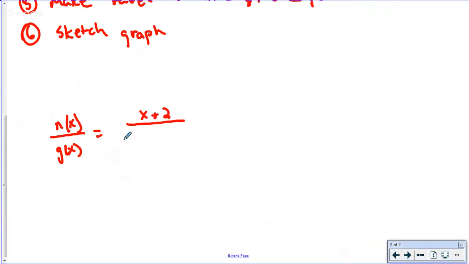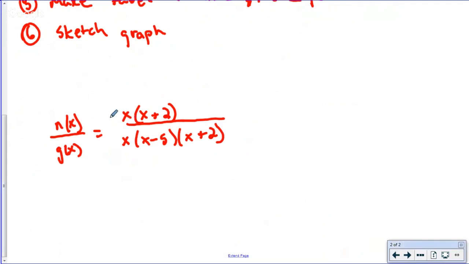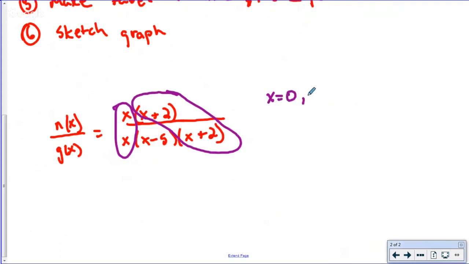Let's say with my original, I was able to do this and factor it out. Now you notice here that these x's and these x plus 2's can cancel out. Wherever I can cancel will create a hole in my graph. So we will have a hole at x equals 0 and -2. That's where we get the holes.